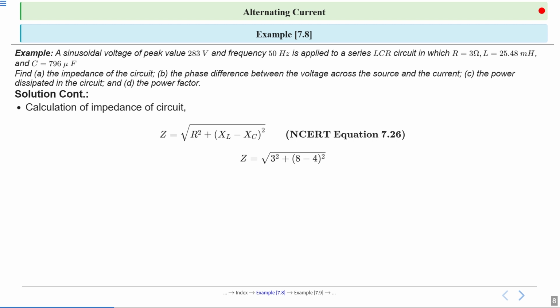Z will be equal to root of 3 square plus 4 square, which is 9 plus 16. It will be 25, so root 25 is equal to 5. So Z will be equal to 5 ohm. We have calculated the impedance. Now B part, we have to calculate the phase difference between the voltage across the source and the current.